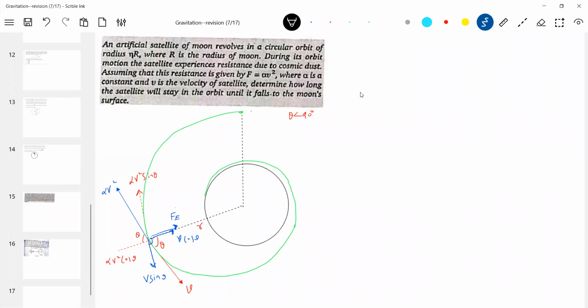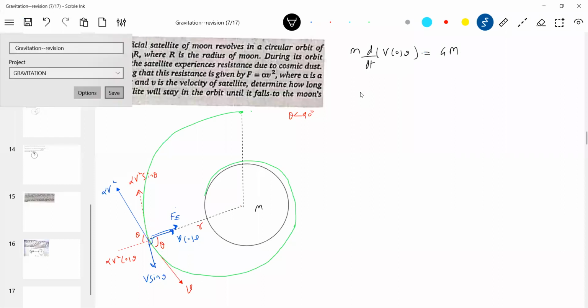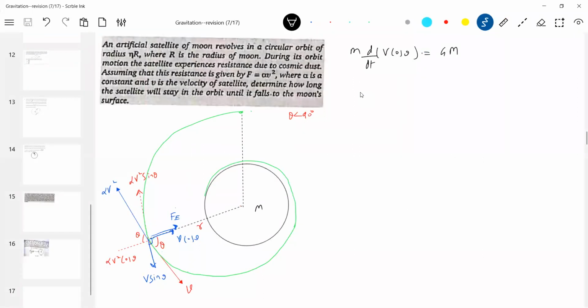Along the radial direction, m times the derivative of v cos theta should be equal to G M m, where M is the mass of the planet, here the mass of the moon, and m is the mass of the satellite, divided by r square, minus alpha v square cos square theta.